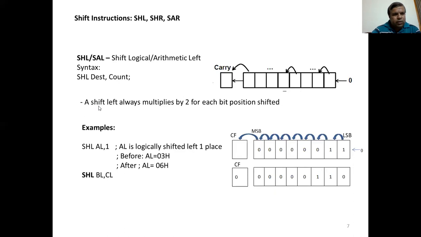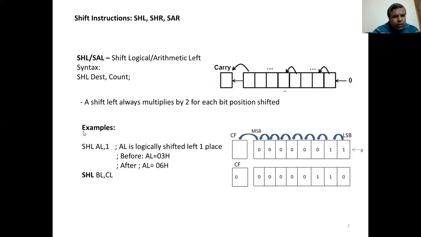In the sense, this instruction produces the effect of multiplying the destination operand by a power of 2, that is, destination times 2 to the power of count. If the count is equal to 1, it is equivalent to multiplying the number by 2. You will see this use in the example.